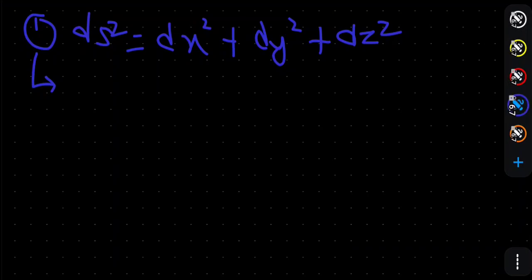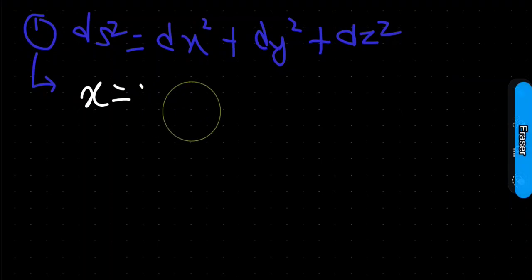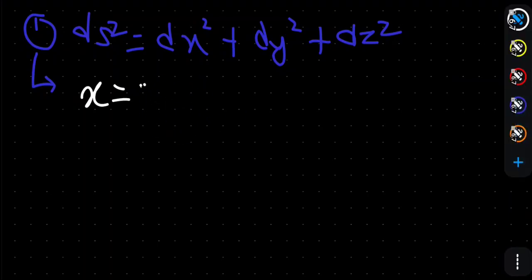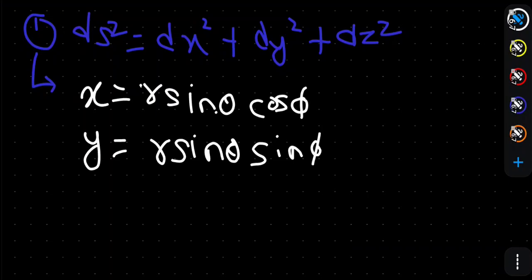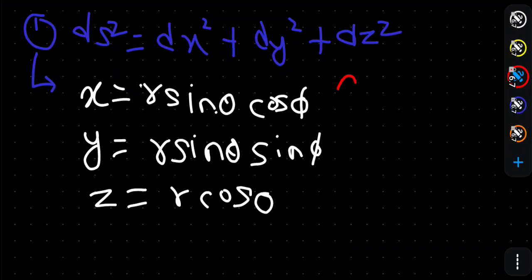You also know the formulas: x equals r sine theta cos phi, y equals r sine theta sine phi, and z equals r cos theta. So these are the 3 formulas that you can substitute by taking the differential.